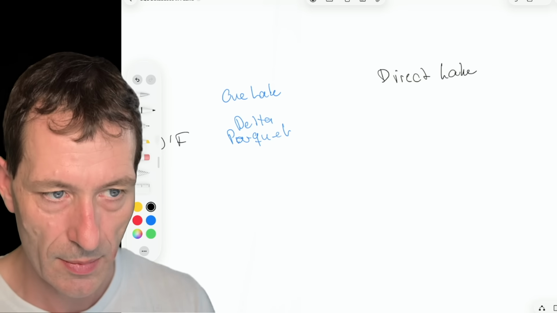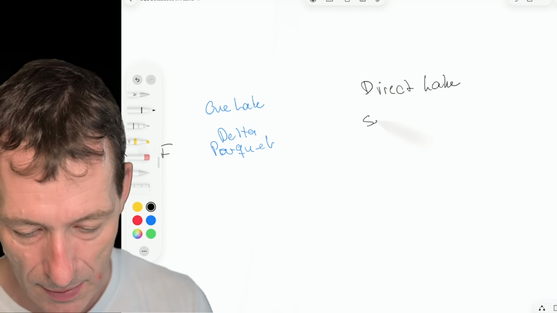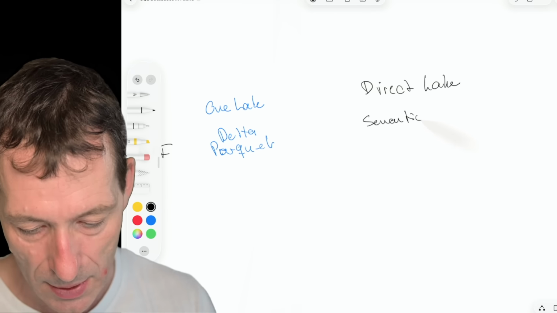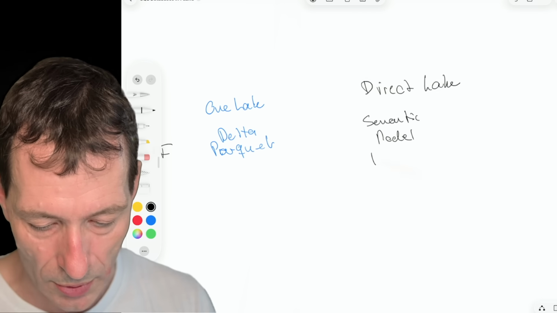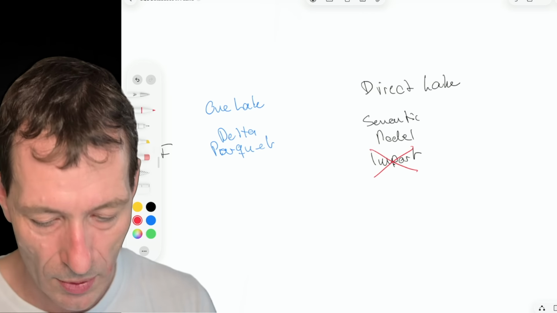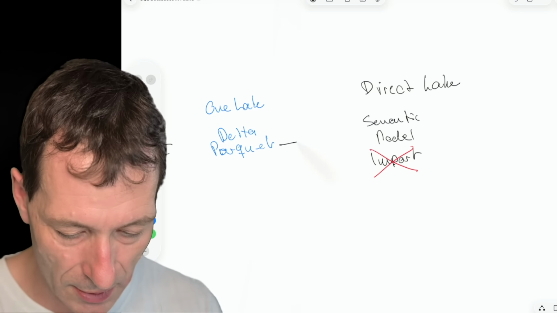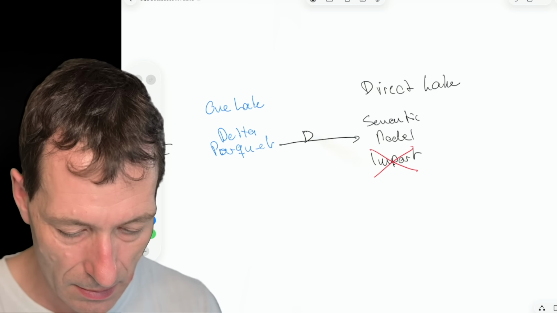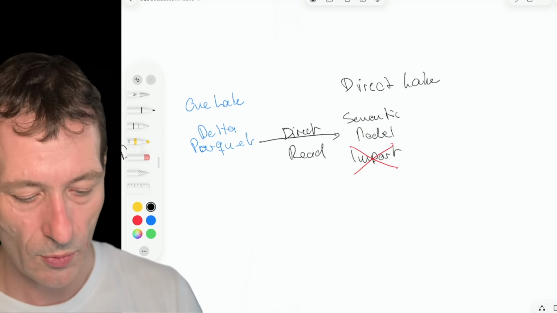You don't need import here, so you can directly create the semantic model without import. So no import. Direct semantic model, which means you have a direct read from your OneLake.